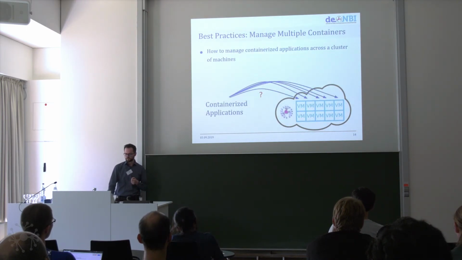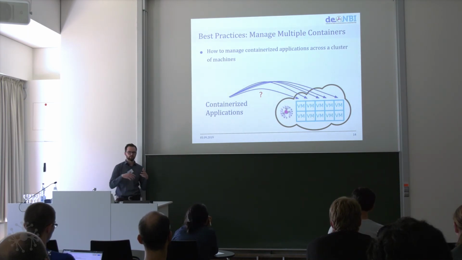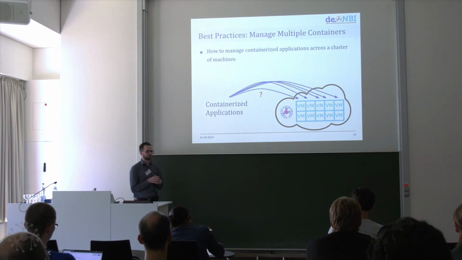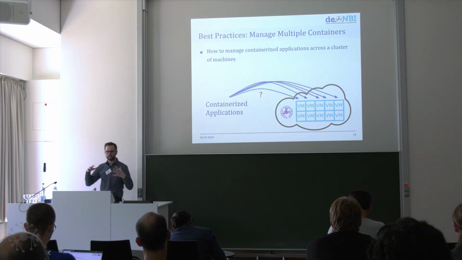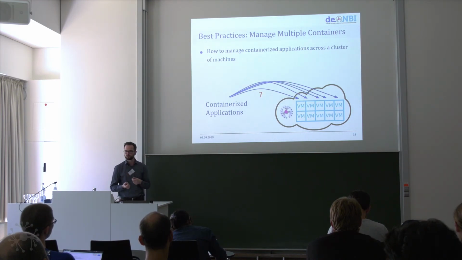And the last topic I want to give you a teaser is the management of multiple containers. So the question is, let's say you have your set of containerized applications, and you have maybe a set of nodes, and you want to distribute these containers on these nodes. Then there are technologies that help you to accomplish this quite easily.